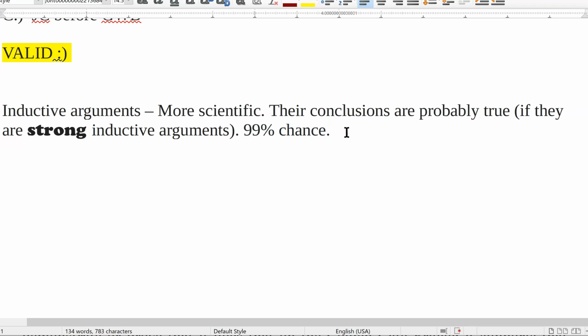It's based on inductive premises that have led us to a conclusion that is probably true. So it doesn't have to be a 99% chance. It could be like a 50% chance for a weaker inductive argument.